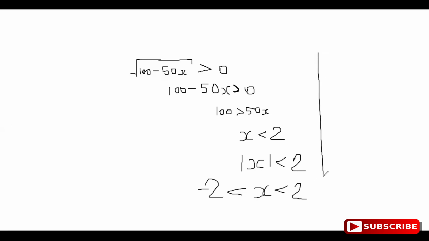So again, you could have used binomial theorem by writing this as 100 minus 50x, the square root of it, all of that raised to the minus half. And then you'd have to factor out 100. So it's going to be 100 to the minus half times 1 minus a half x, all of that raised to the minus half.